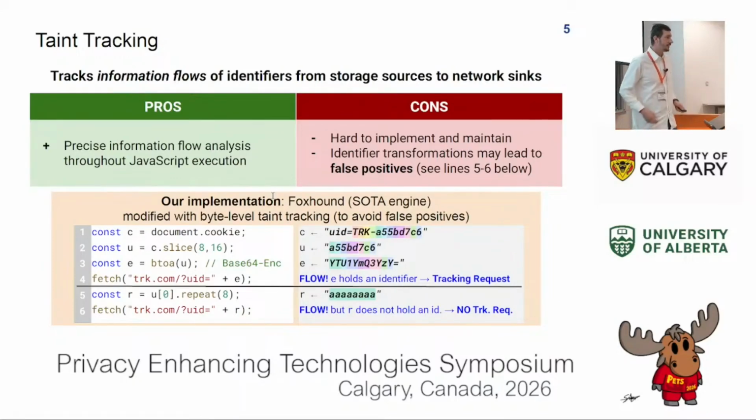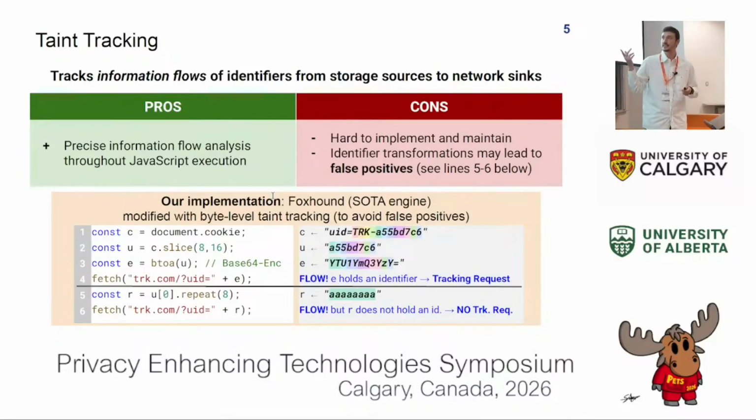For our implementation, we take a state-of-the-art engine for taint tracking, called Foxhound, which is a modified version of Firefox enhanced with taint tracking, that we further modified by putting taint granularity at byte level.